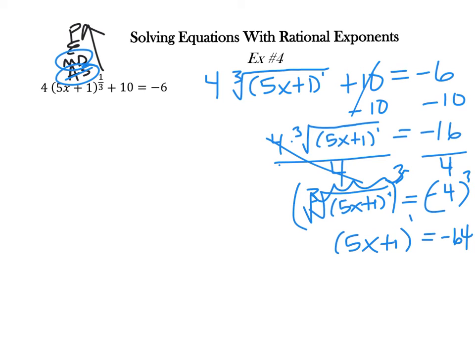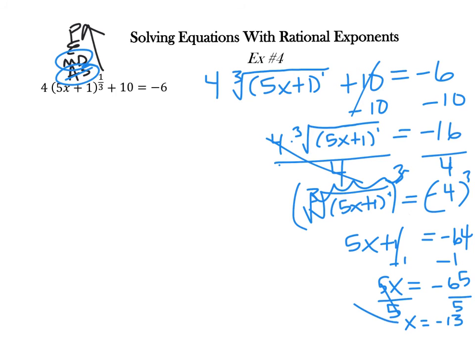Remember that anything to the 1 power is just itself, so it is okay to erase this part, and I can just solve for x now. Subtract 1, 5x equals negative 65, divide both by 5, and you get x equals negative 13.